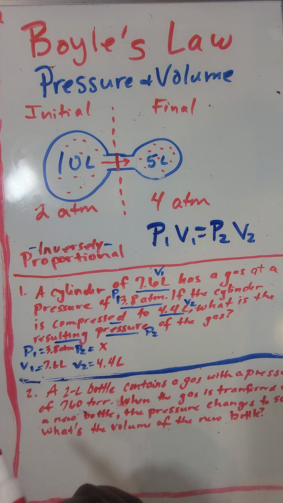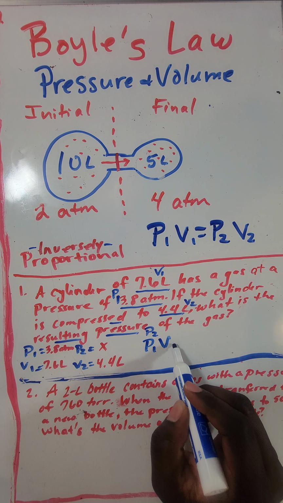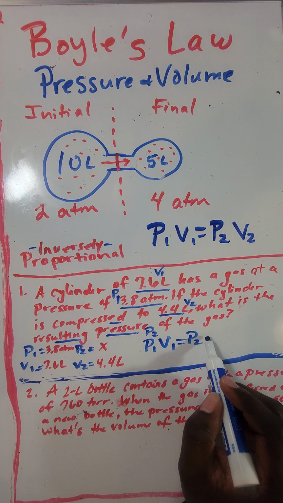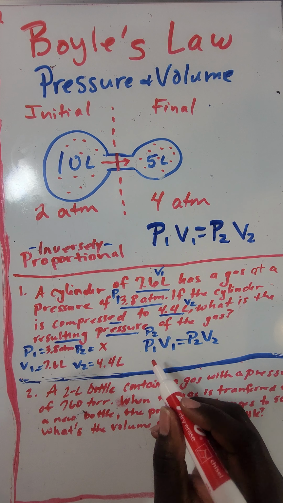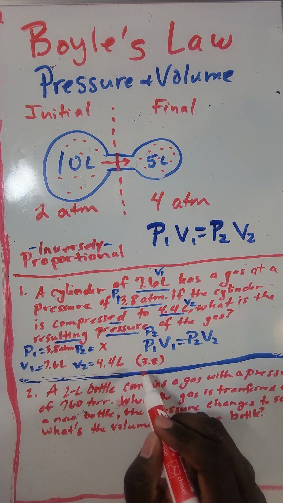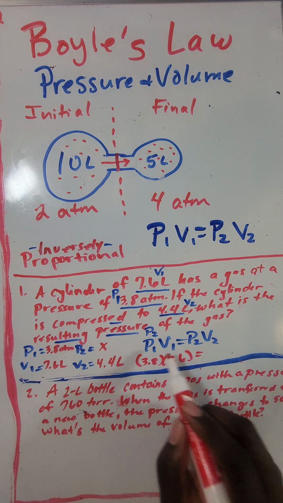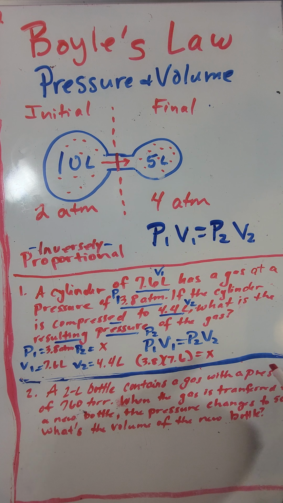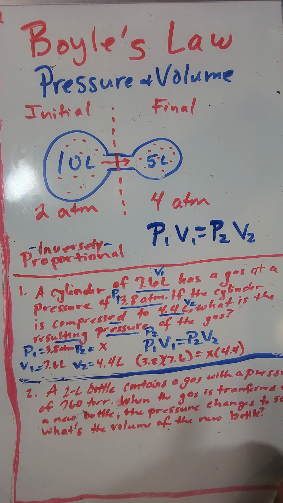Then we're going to use our formula. Our formula is P1V1 equals P2V2. And then we're just going to plug in for our numbers. So P1 is 3.8, V1 is 7.6, P2 is X, and V2 is 4.4, if you need to put that in parentheses.